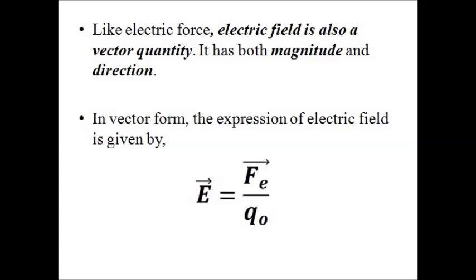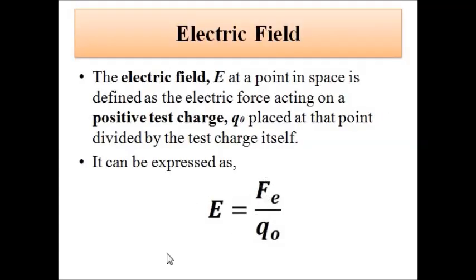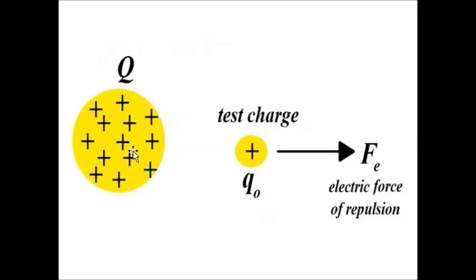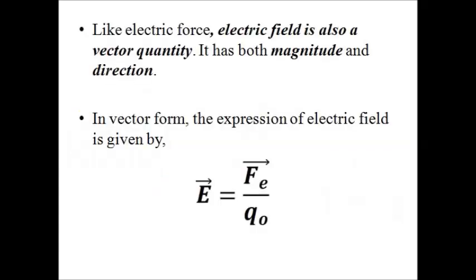So in vector form, this equation, which is in scalar form, will be transformed to this: E vector, the electric field vector, is equal to the force vector divided by the charge Q0. This is the electric force of repulsion exerted by this large positive charge on this small positive test charge, divided by the test charge itself. So this is the concept of electric field and its mathematical representation.